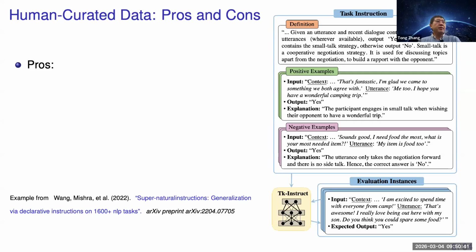But basically, this is one type of format that you will be using, and based on these instructions, you create a lot of these pairs, and then you try to leverage that. So the pros: it is certainly high quality. When they say high quality, it's human created.